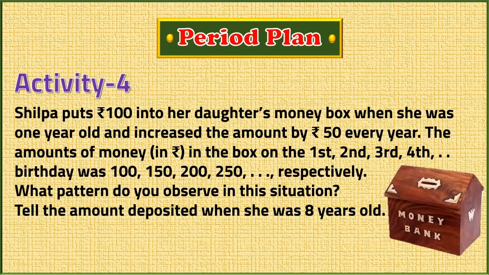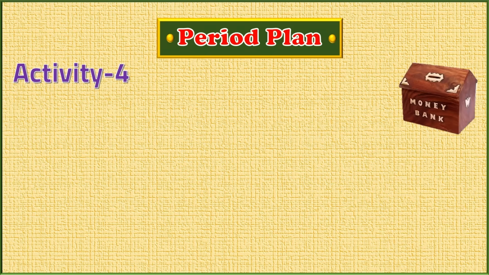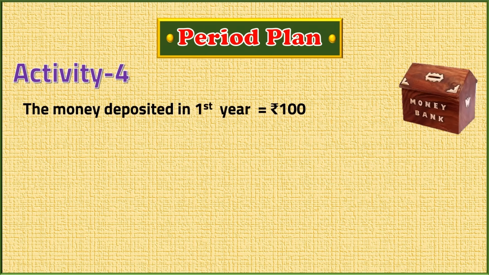What pattern do you observe in the situation? Tell the amount deposited when she was 8 years old. In the first year, a person deposits 100 rupees. How much money does he deposit in this first year?